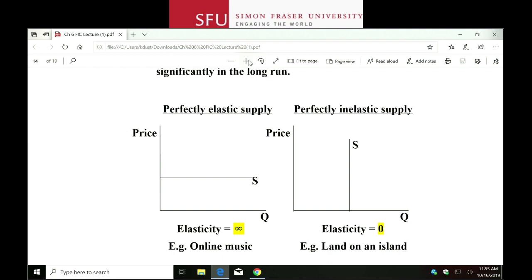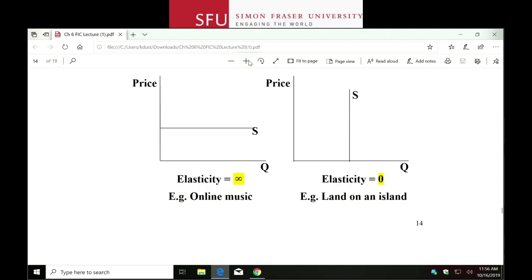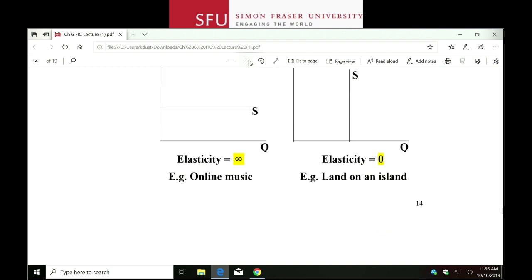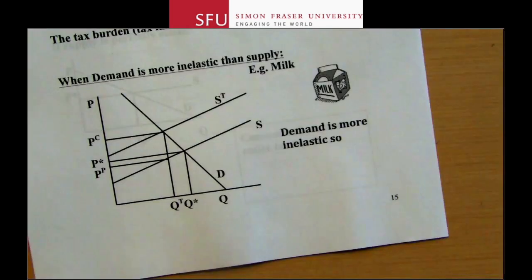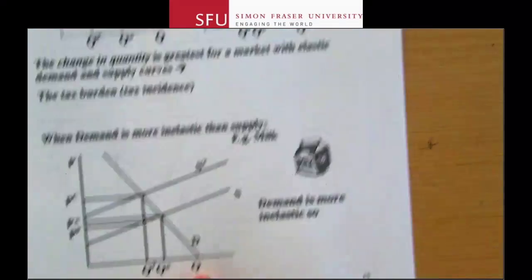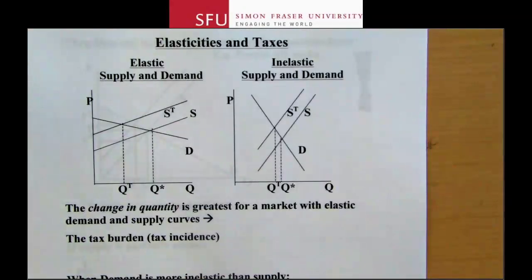All right, so the last part of the chapter is about taxes. In particular, what we're going to talk about is who pays the tax and how much deadweight loss is there.